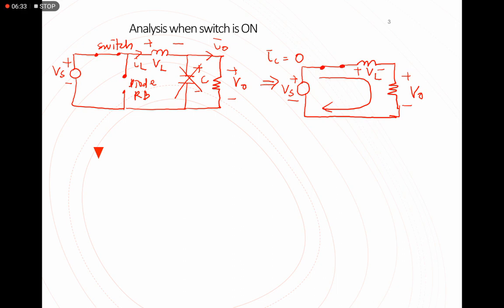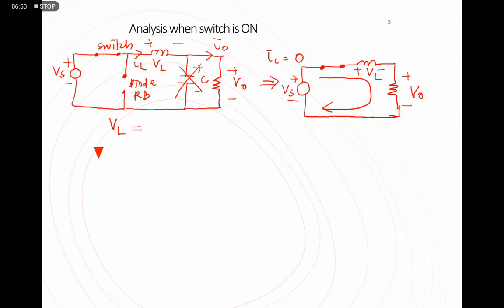From this equivalent circuit, let's start with the analysis for the voltage across the inductor. We apply KVL, Kirchhoff's voltage law.